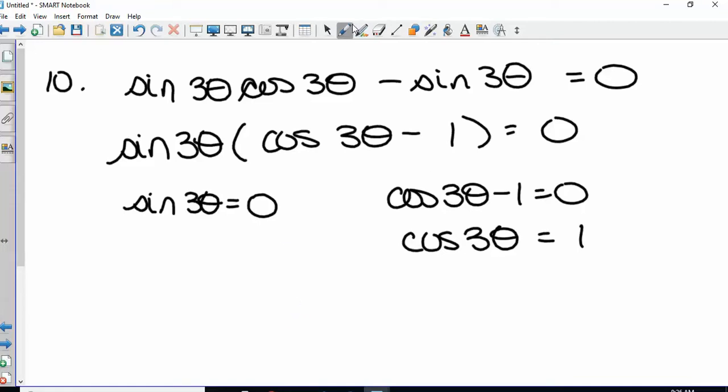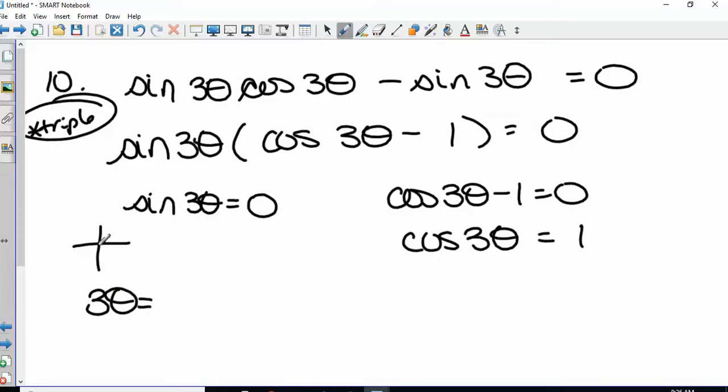Alright. When you have that 3 theta, what does that tell us? We have triple solutions. So, it's 3 theta equals. If sine is 0, so on your unit circle, sine is the y, when is y 0? 0 and 180.